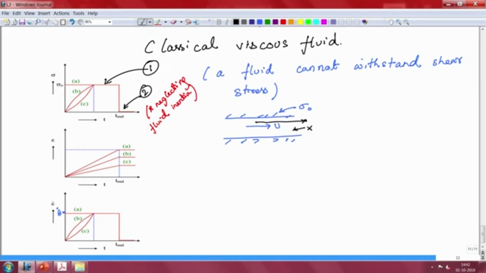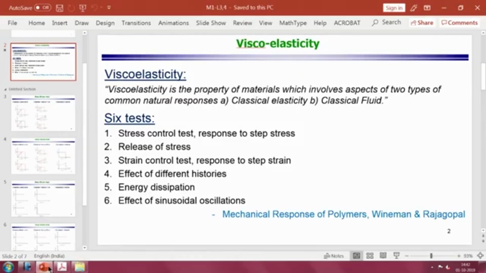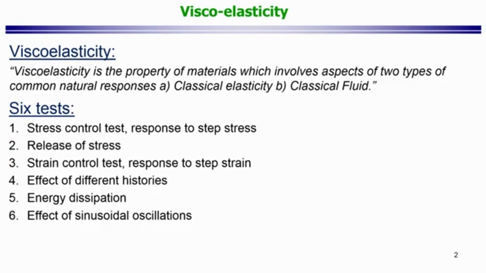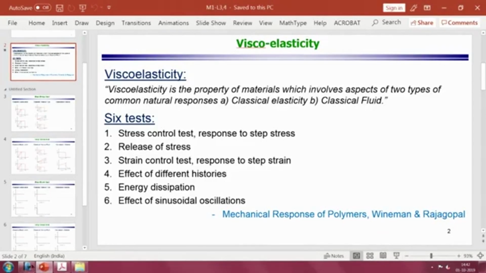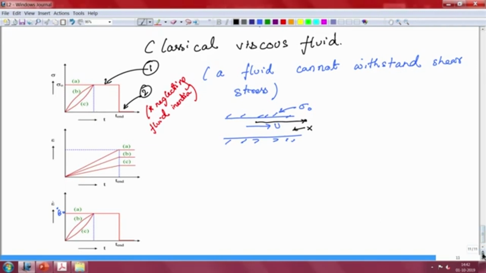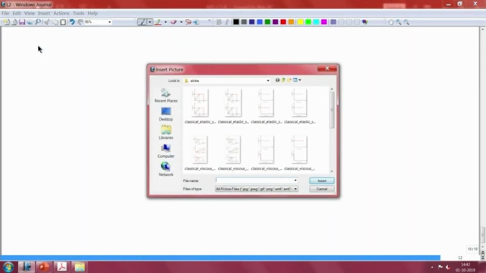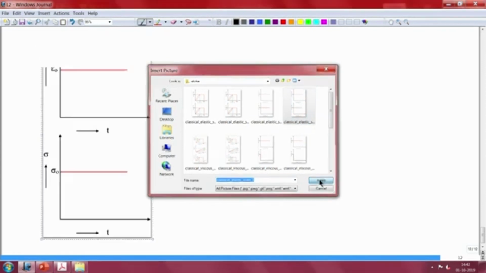Now, we have completed the two tests. But what happens in the third case, where we apply a known amount of strain? That, if you remember, was our third test, the strain control test. Earlier I had just written for you what the strain control test looks like for an elastic solid, so I am just going to refer back to that for a minute.